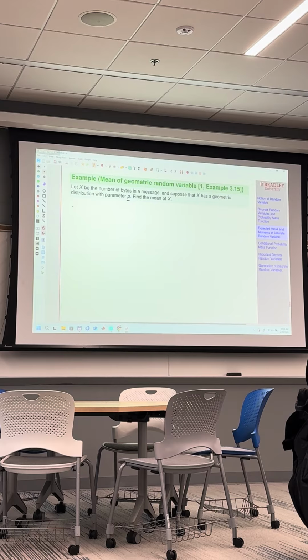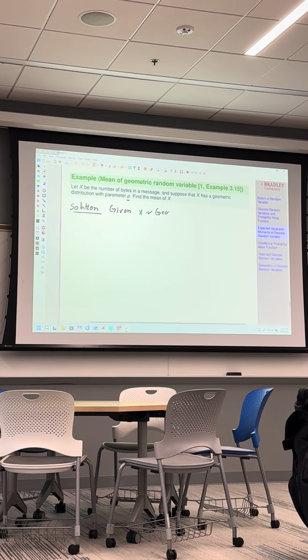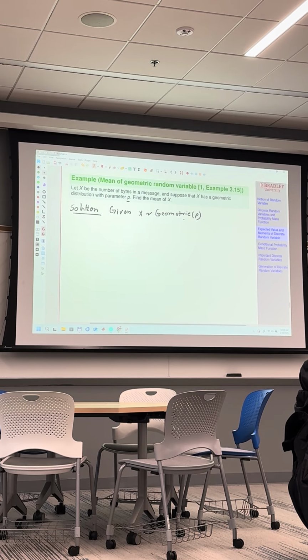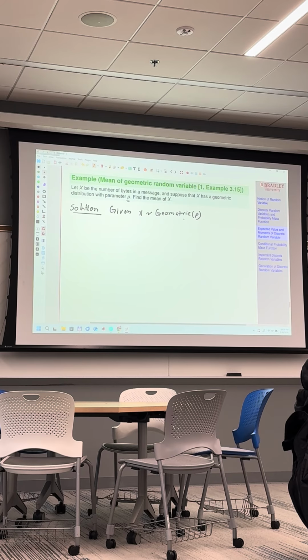Given solution: x is a geometric random variable with parameter p, where p is the success probability that a message of a certain number of bytes has arrived.